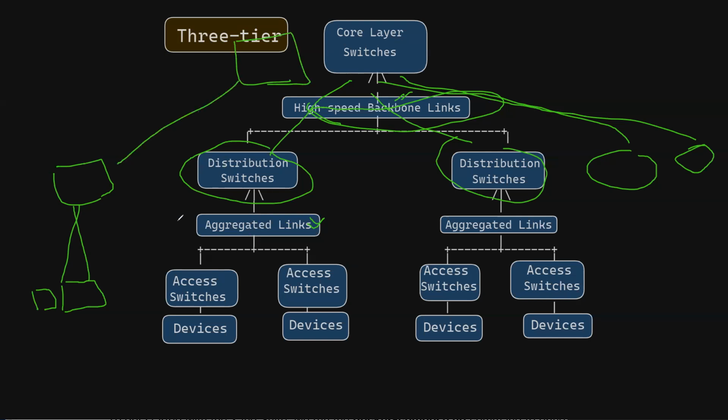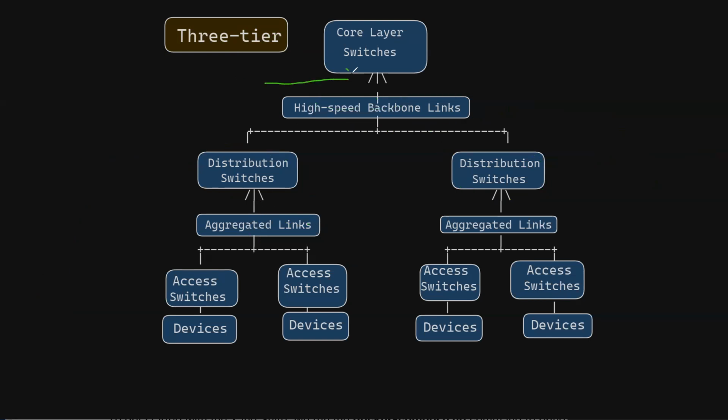Or how will you upgrade the bandwidth at this layer? It's very difficult, right? How can you upgrade the links, the bandwidth, the core switches at the core layer, because this is something that you don't want to change.